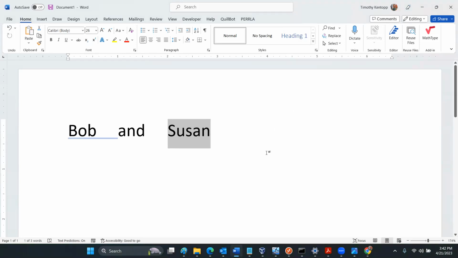Bob is like Johnny Appleseed, and he puts his public key out there, right? Well, when Susan wants to send something to Bob so that only Bob can read it, Bob is the only one that has his private key. There's only a single private key, and the only one that has it is Bob.